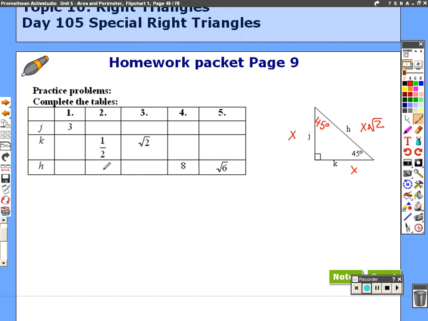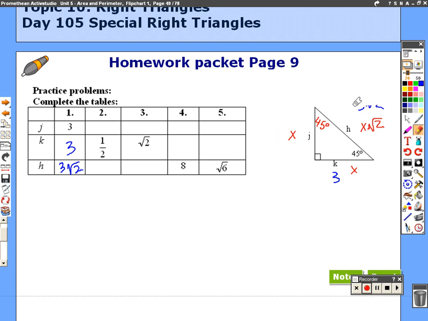So if we look at our triangle over here, using our first number that they have given us, which is 3 for J, right? That would make K exactly the same, 3. And that would make H 3 root 2, following that pattern. Okay, number 2.